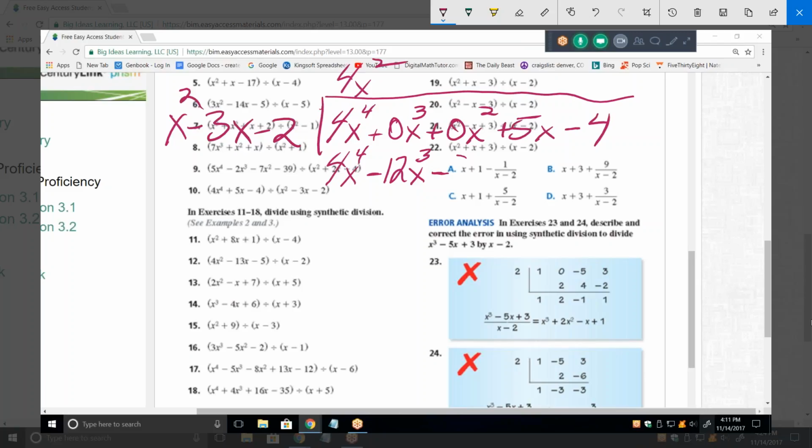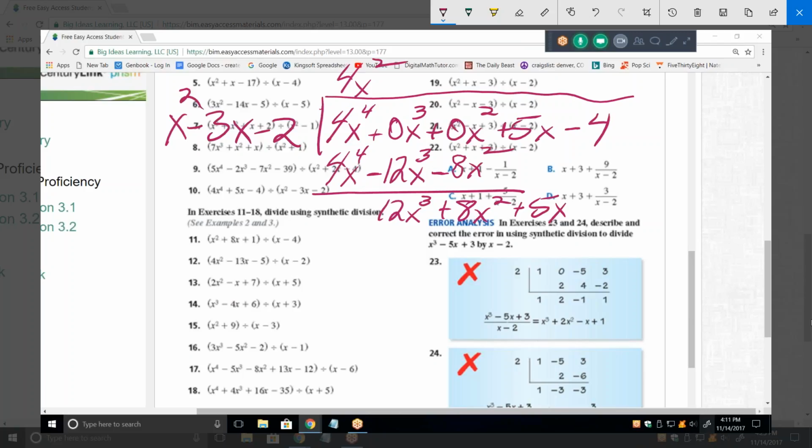That gives you positive 12x to the third plus 8x squared. Then plus 5x minus 4. Actually, only bring down 1, just like long division. You only bring down the next term, and then you repeat.